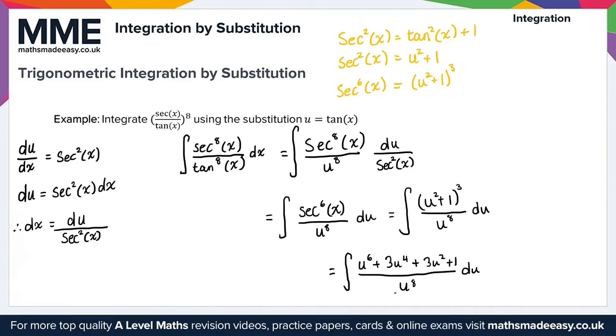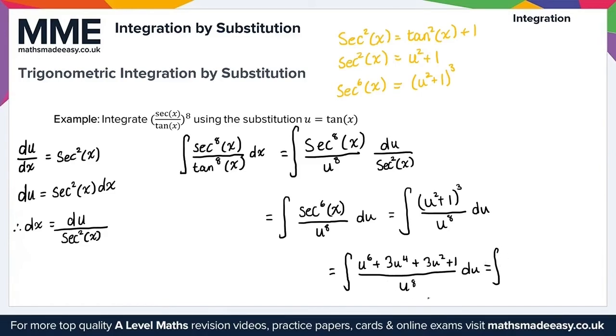Now, if we simplify this denominator of u to the 8, we get the integral of u to the minus 2. This is u to the 6 over u to the 8, which gives u to the minus 2.